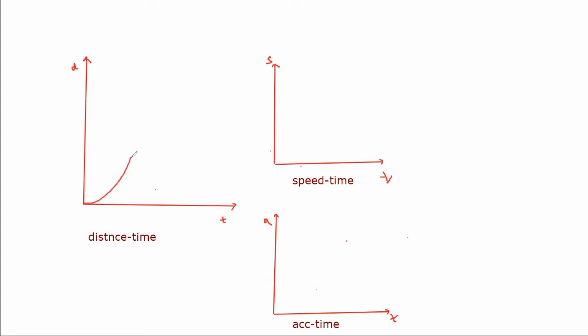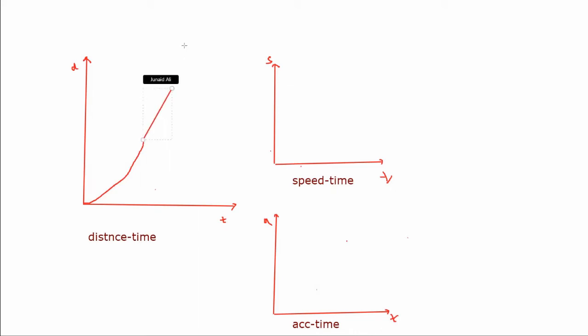When it reached this point, it got linear for some time. So initially it was a curve like this, then it got linear for some time.